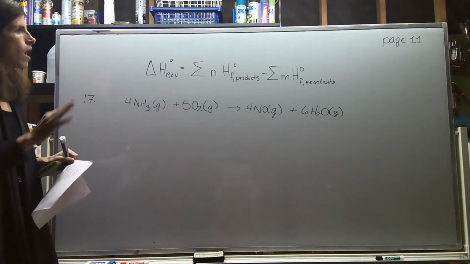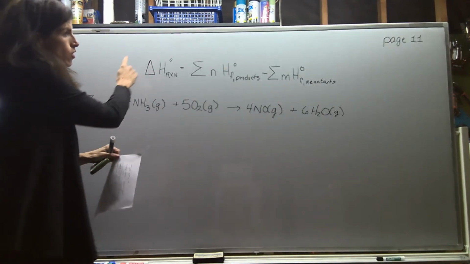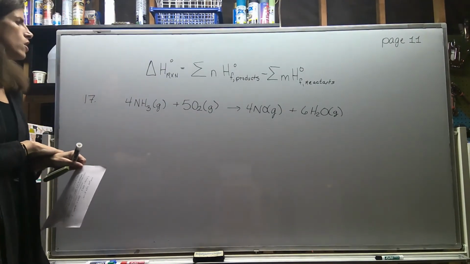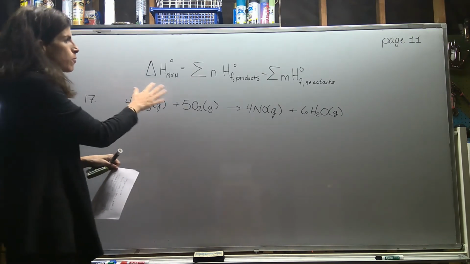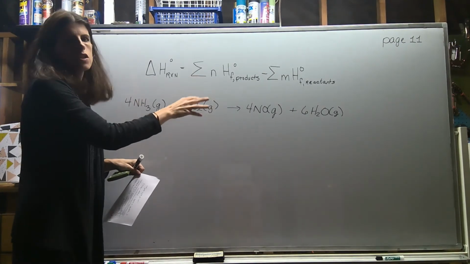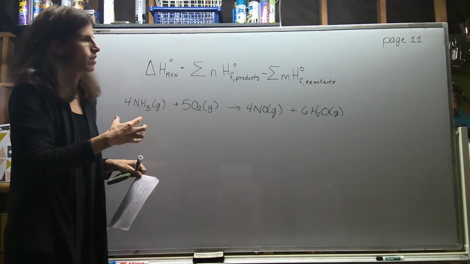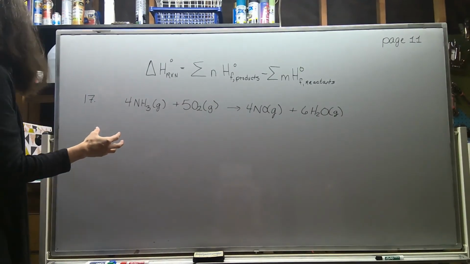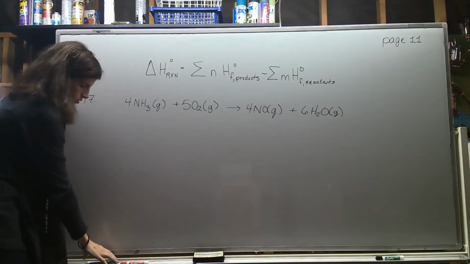Alrighty, so on page 11, there's this equation that we're going to use to calculate the enthalpy of a reaction using those formation values that we just discussed. So by the essence of its name, it says it's a formation value.